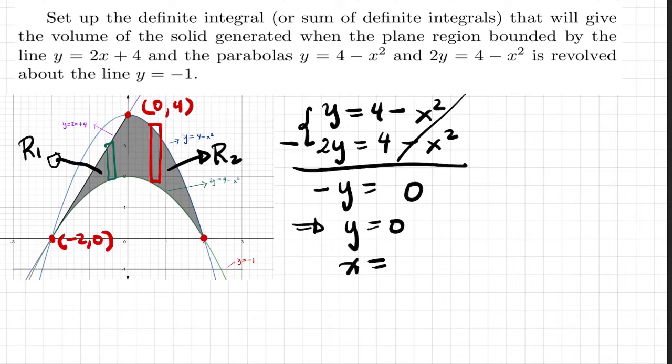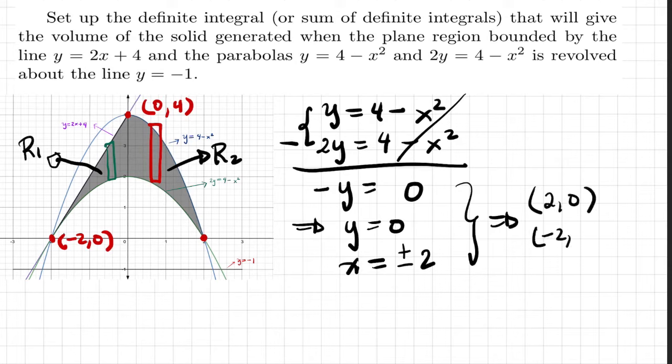So the x value is, when y is 0, x is plus or minus 2. Okay? So from this, we get 2, 0 and negative 2, 0. We already computed negative 2, 0 earlier. So only 2, 0 is left. So this is 2, 0. Okay?